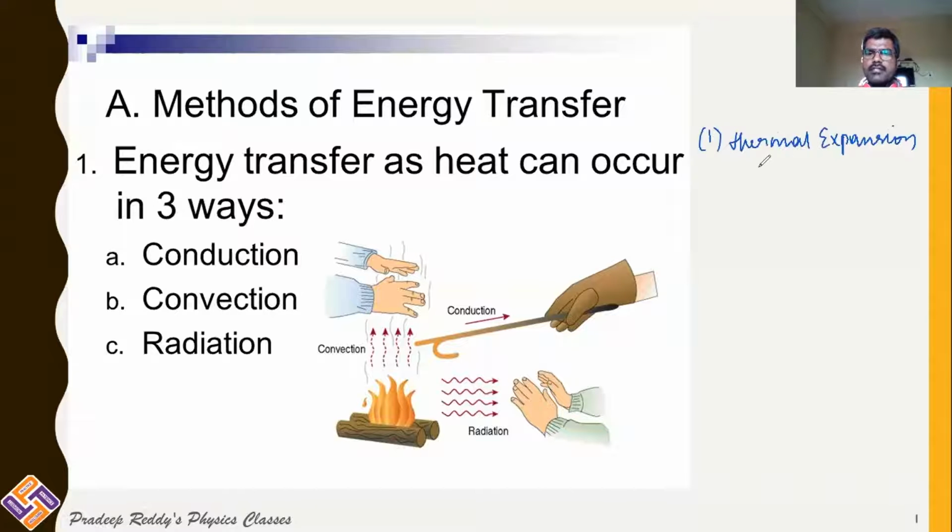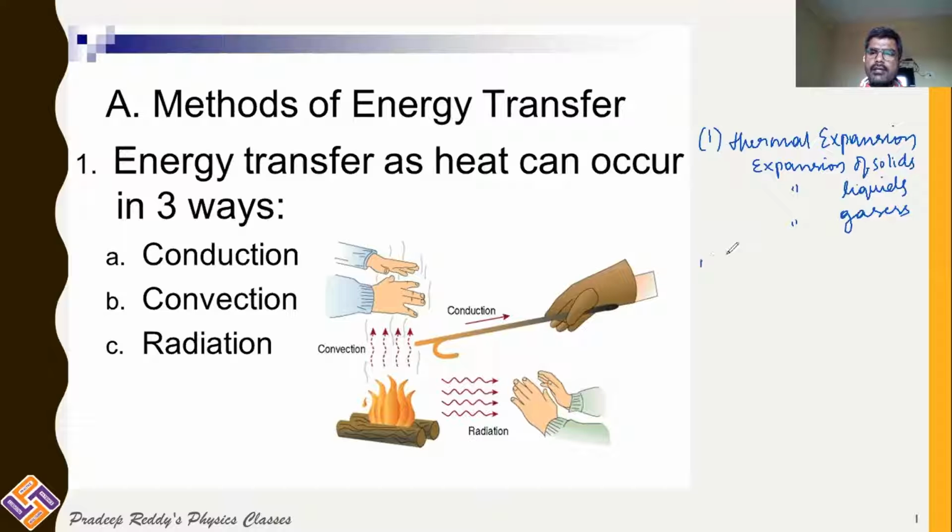And in thermal expansion, we have expansion of solids, expansion of liquids, and expansion of gases. This part comes under thermal expansion, and we have learned about temperature and different scales to measure temperature. That comes under thermal expansion.